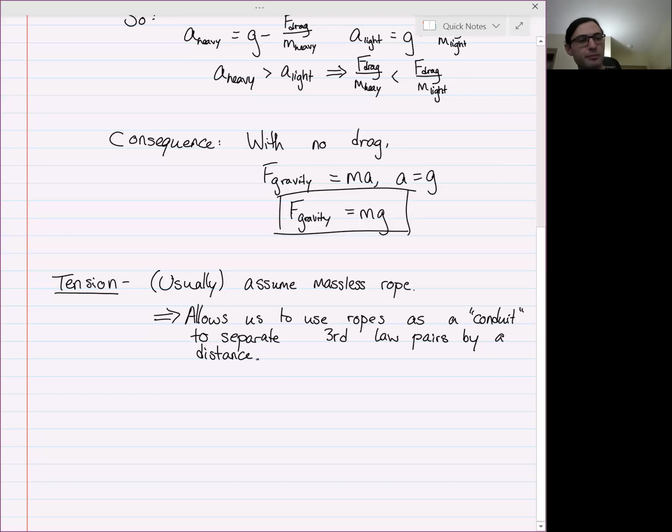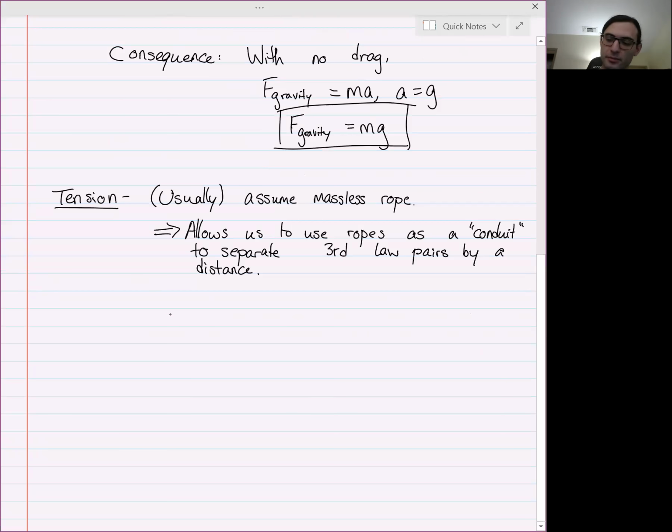What I mean by that is, for example, let's say that I have one block here and another block attached to a rope. If these two blocks were glued together, and the left block was being pulled, then it would apply a force to the right block because of the glue, right?